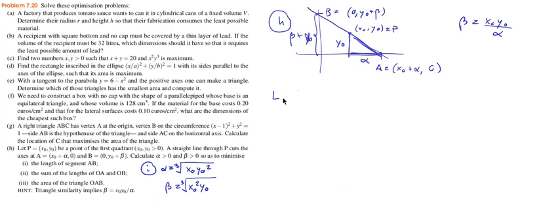Okay, so the length here will be OA, which is x0 plus alpha, and then OB, which is y0 plus beta, but beta is x0 y0 over alpha. The derivative of this function is going to be 1 minus x0 y0 over alpha squared.